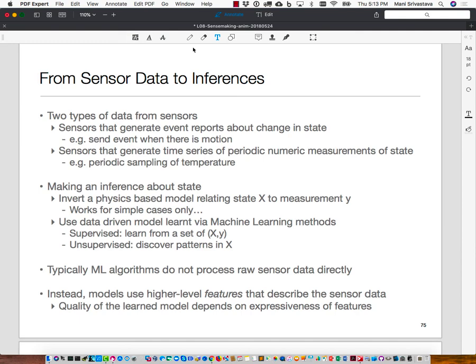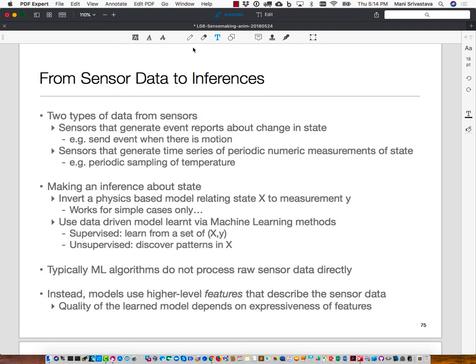The difference between the two is that events are really a change in the underlying value. For example, an event may be that the temperature exceeded a threshold, whereas a temperature time series may simply be a periodic or almost periodic sampling of the temperature. And you encounter both of these kinds of sensors.